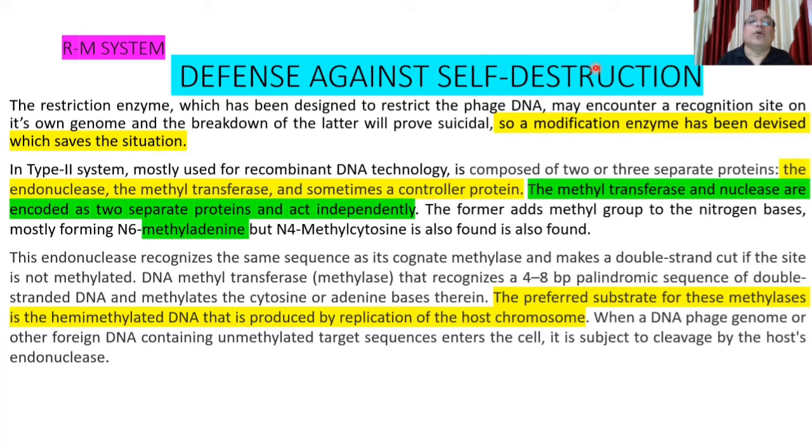The bacterial enzyme should not destroy the genome of the bacteria, and this is ensured by the restriction modification system.